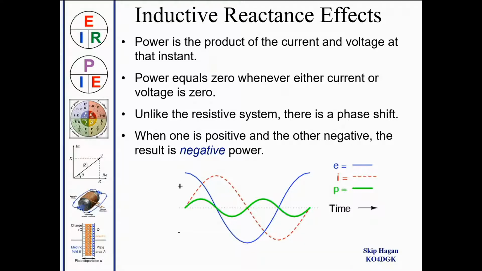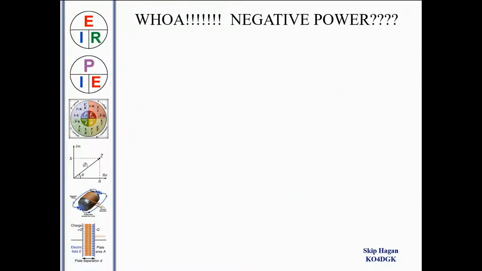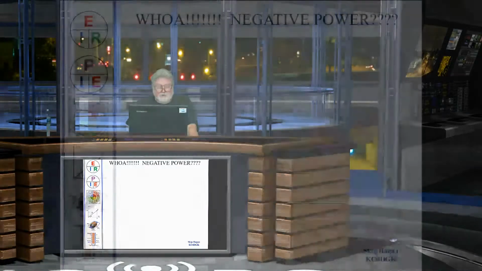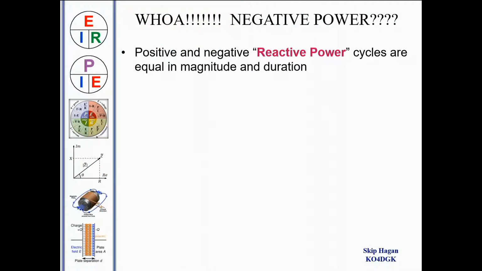So for effectively half of the cycle, power is negative. What? Negative power? Who ever heard of negative power? Well, we're going to talk about it now. Positive and negative reactive power cycles are equal in magnitude and duration. So what we're going to see with reactive power is similar to active power.